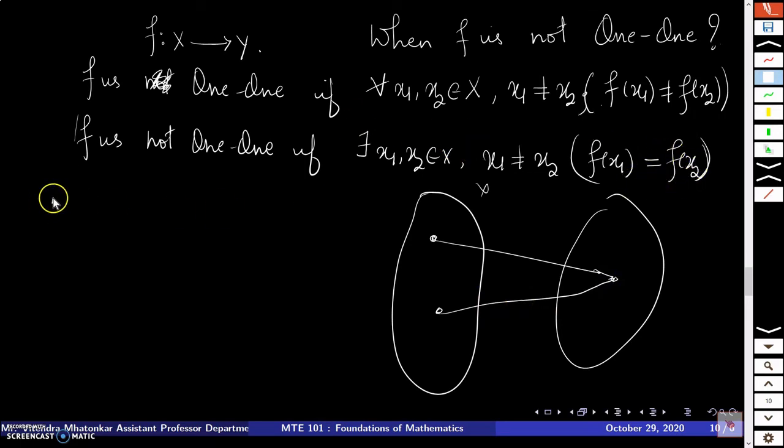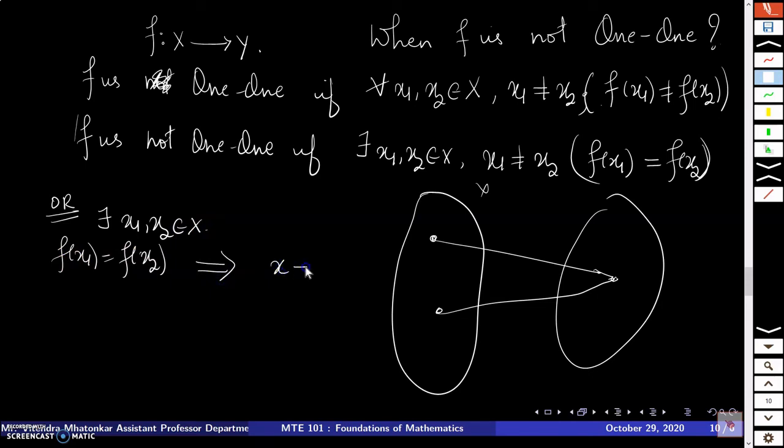And another way of saying this would be using the proposition. If you can find points x1 and x2 in the domain such that f of x1 equal to f of x2 does not imply x1 equal to x2, then we say that the function is not 1 1, right?